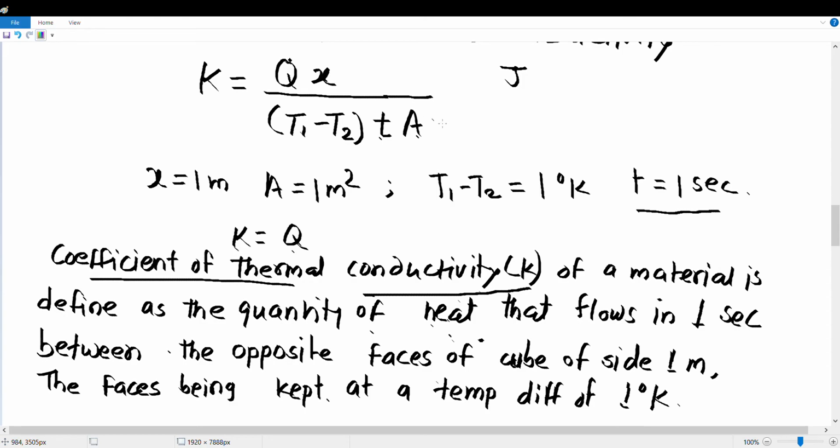So meter by meter square means per meter. This time is per second, and this T1 minus T2, that is the temperature difference, is per degree Kelvin. So joule, second inverse, meter inverse, Kelvin inverse, this is the SI unit of coefficient of thermal conductivity.